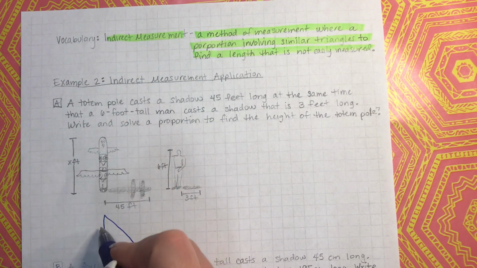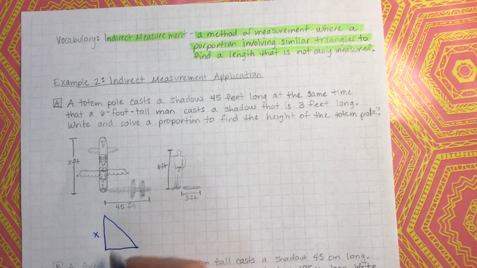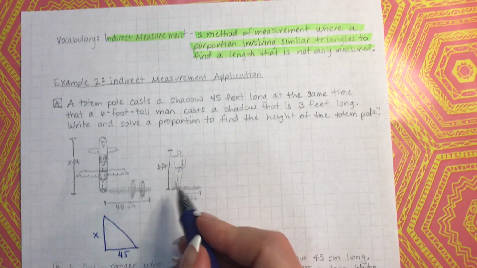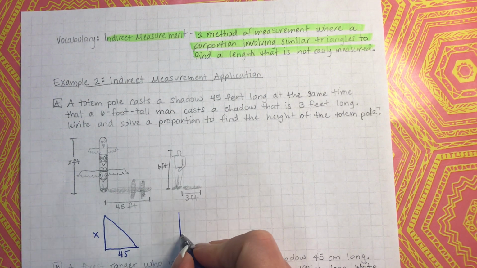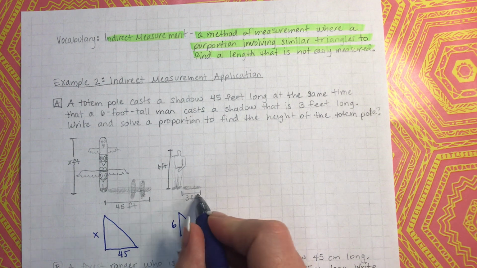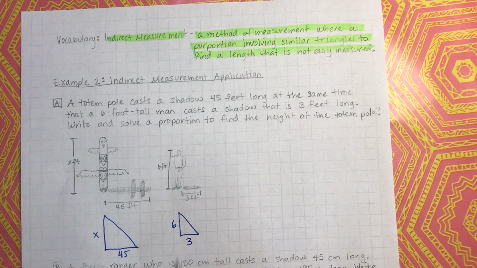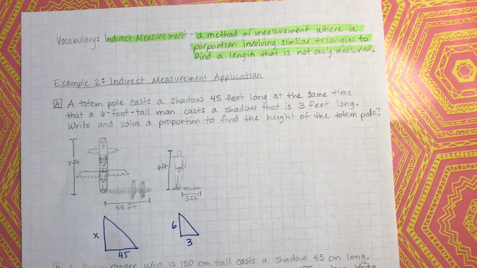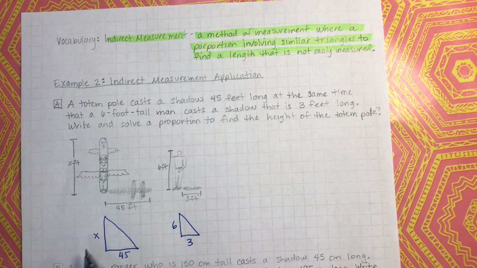This side of the triangle is X, the height of the totem pole. The shadow would be 45. Here, the person's height is 6, and their shadow is 3. Due to the sun, these triangles are similar, and we can set them up as a proportion like we were doing in the last example to figure out what X is.